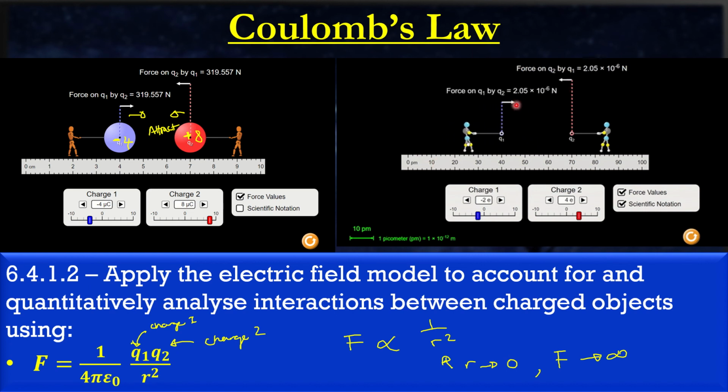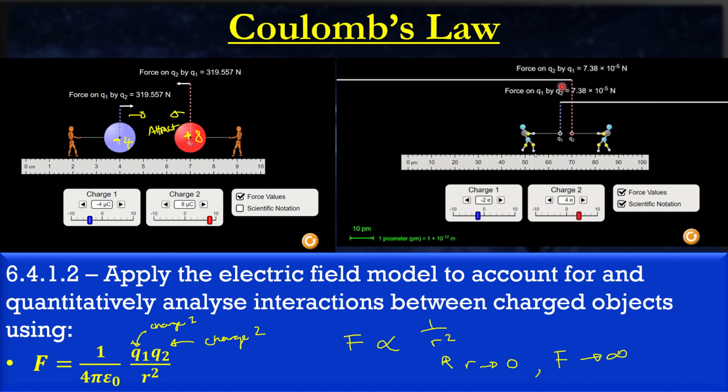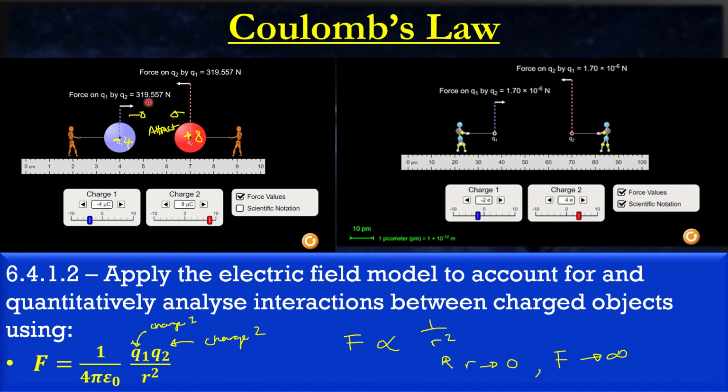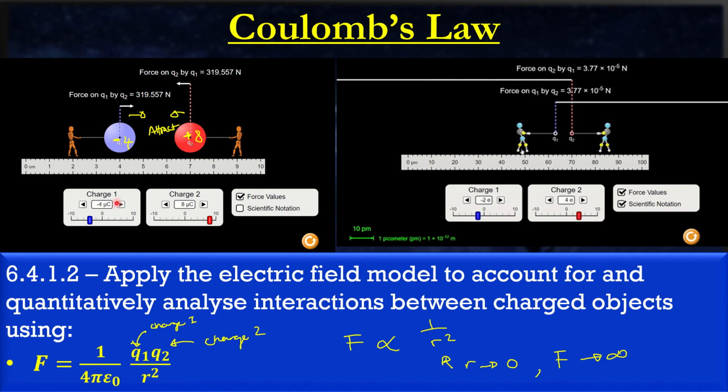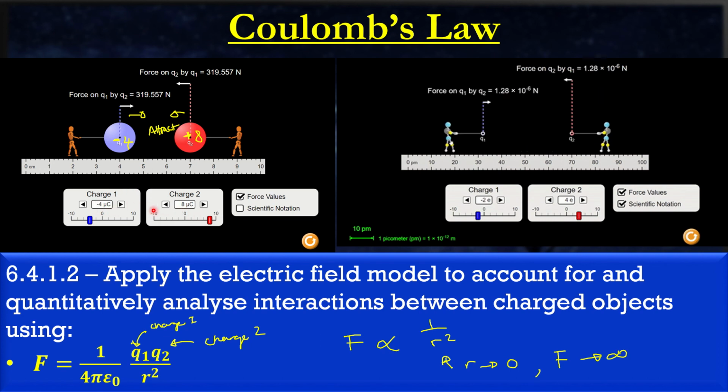Another thing you might also see is that the magnitude of the force on the 2 charges is the same, regardless of how massive they are and regardless of the type of charge they have.